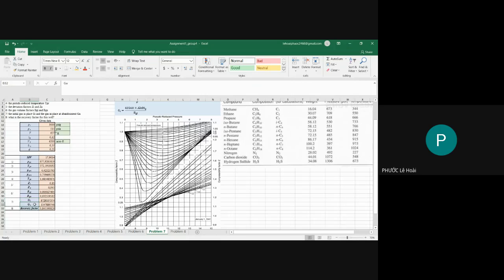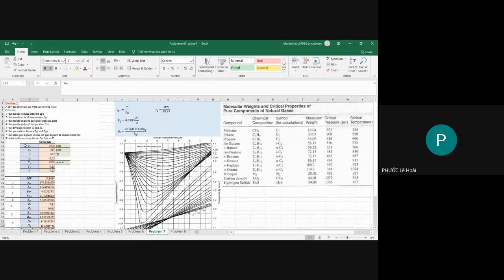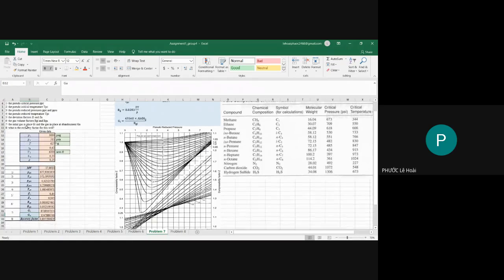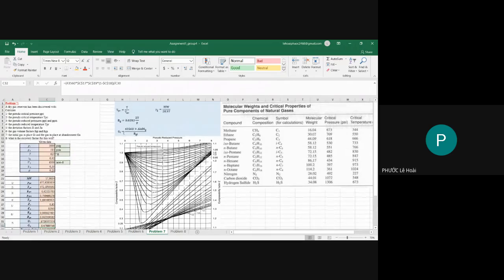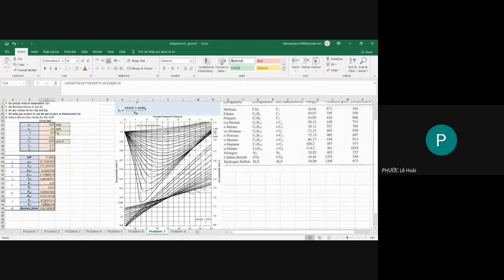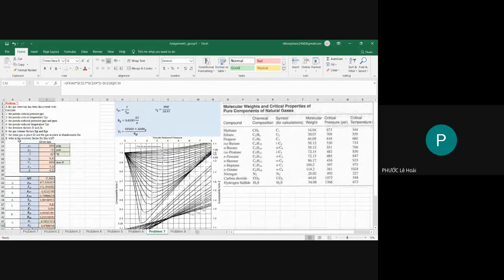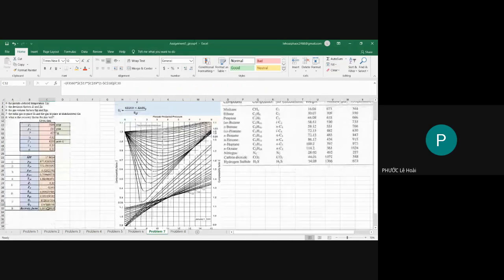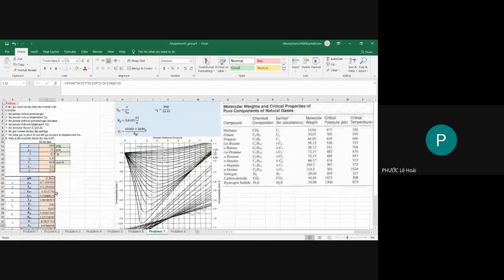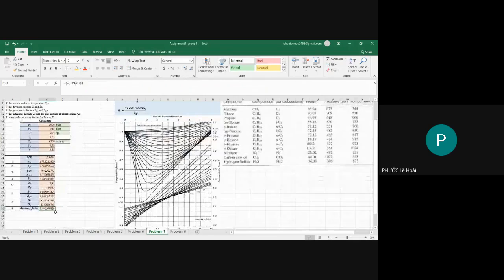Next is GI and GA. This is about the initial gas in place and the gas in place at abandonment, GA. Okay, you can use this equation to calculate GI and GA. And finally, the recovery factor of the well.